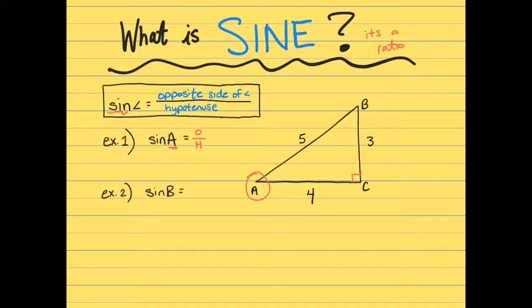The adjacent would be that 4 because that's the leg that's next to angle A. So the opposite leg would be that 3, okay? It's the leg that angle A opens up to. Or if I had a little dude standing here at angle A, he would be looking at that 3. So the side opposite of angle A would be that 3.